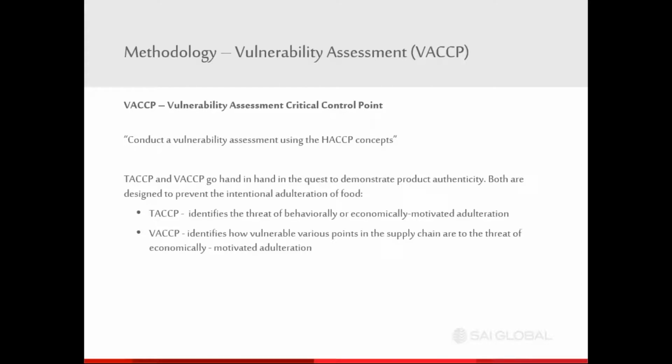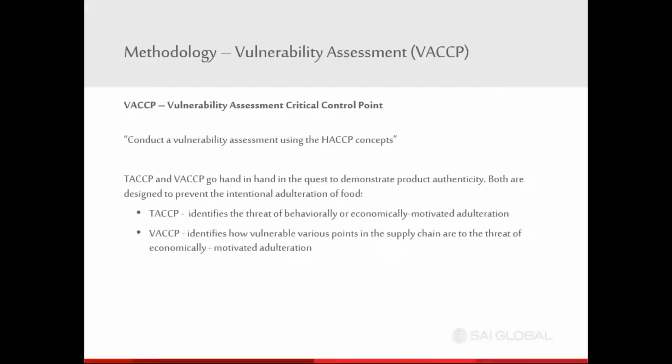So VACCP, Vulnerability Assessment Critical Control Point. It's similar to HACCP, where it's hazard analysis, but this is vulnerability assessment. So conduct a vulnerability assessment using the HACCP concept. You do everything similar to HACCP, but it's vulnerability assessment for your food fraud program. So TACCP and VACCP go hand in hand. TACCP is threat assessment, used for food defense. They go hand in hand in the quest to demonstrate product authenticity.